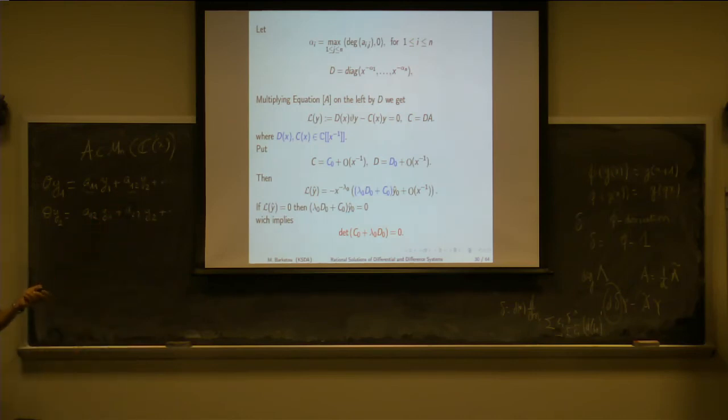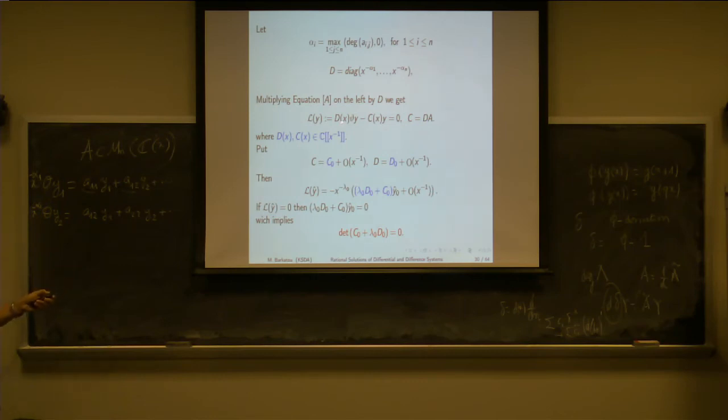And what I do here is just take the order, multiply each equation by some power, I call this alpha 1 and alpha 2, etc., defined here. I just multiply the equation by a convenient power of x, so that now each of these are Taylor series in 1 over x. They are defined at x equal to infinity. I get rid of denominators, the singular part.